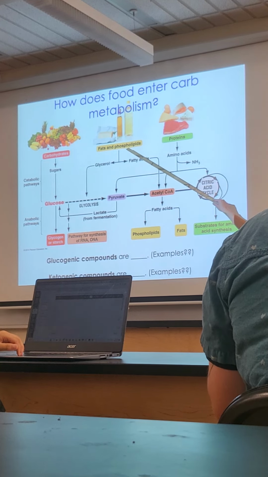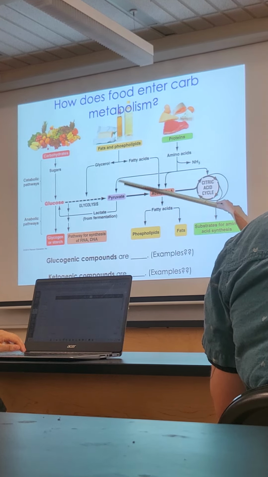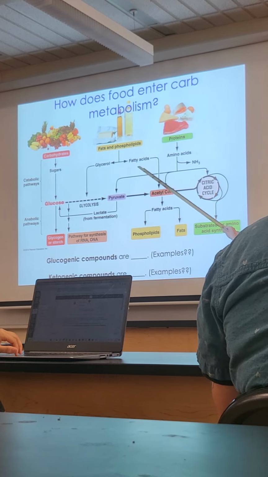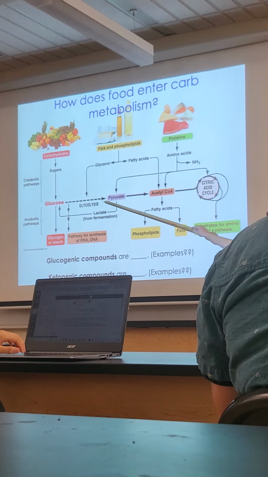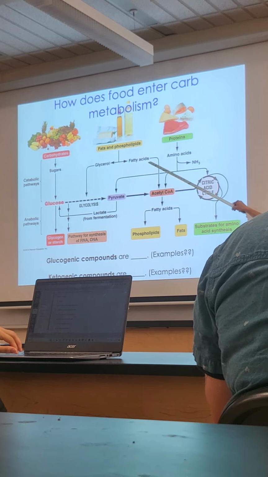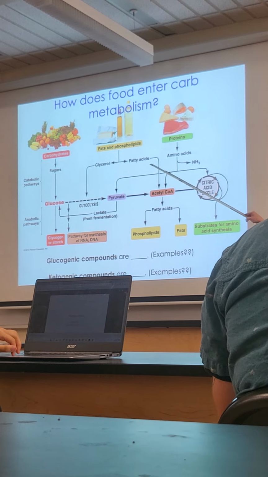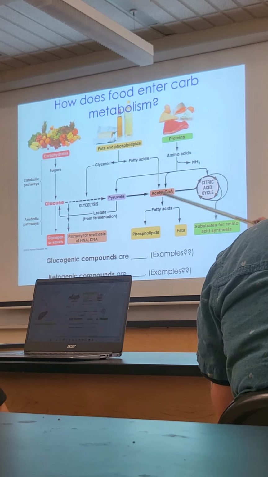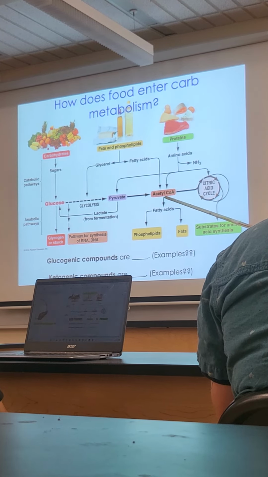Our fats, if we're taking in triglycerides, get broken down into glycerol and fatty acids. The glycerol gets converted into pyruvate, so it can enter in through the glycolysis pathway. Fatty acids get processed two carbons at a time to make acetyl-CoA. So these filter in through this point of the pathway.